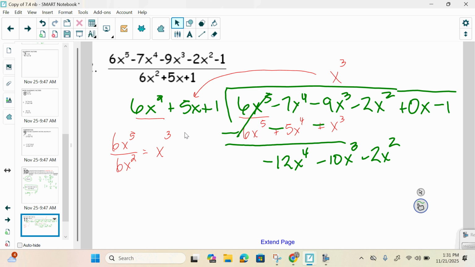You're going to do negative 12x to the 4th divided by 6x squared. Right? You guys try that part, please. It should be nice after that step.